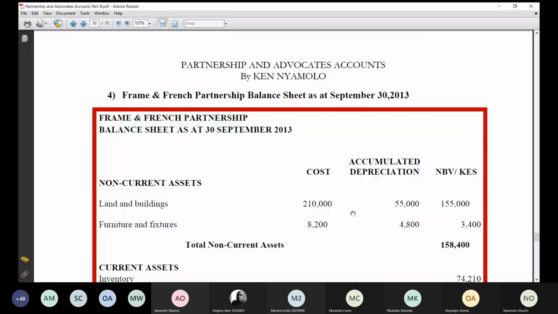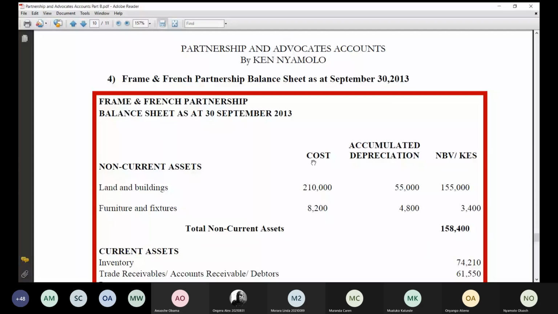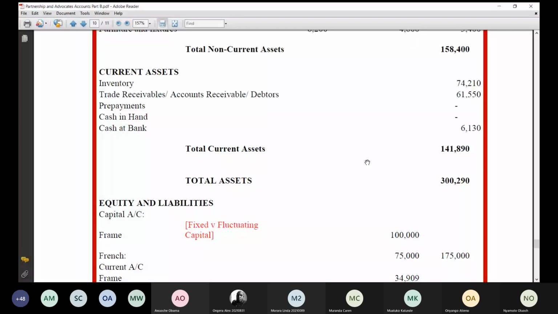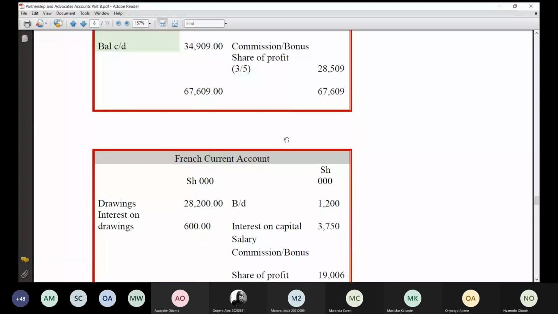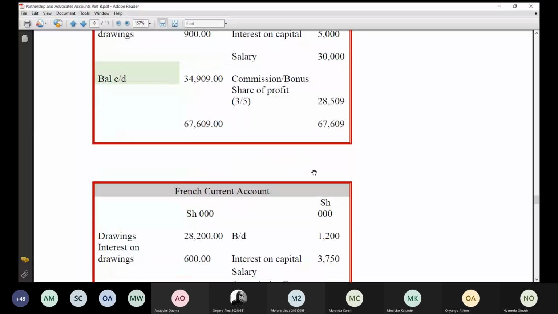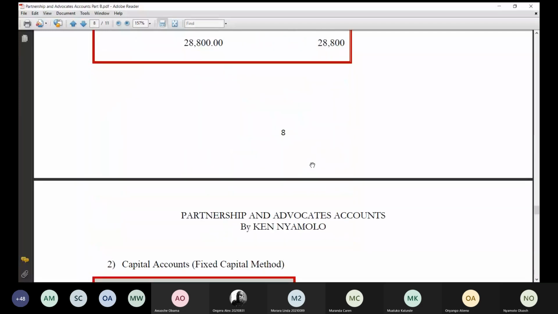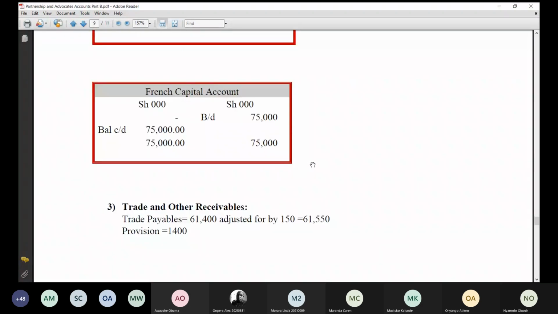So okay, I'm saying the gist of all these things that we've been doing is to understand that when it comes to the partnership accounts, the key items that you need to work on are the current accounts for each partner and the capital accounts, which under the fixed capital method would almost remain intact.